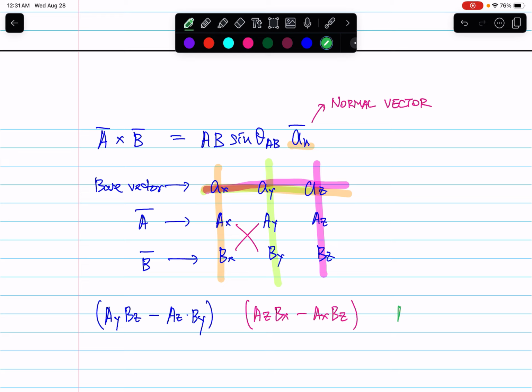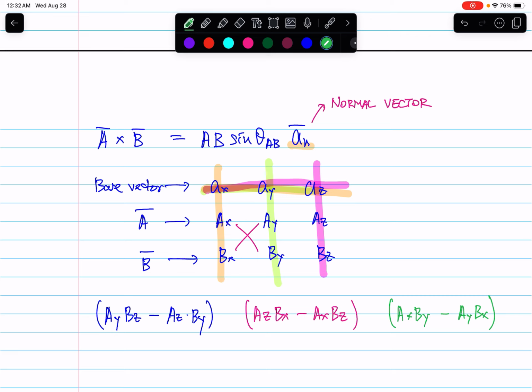So it'll be AX BY minus AY BX. Okay, so that's the third scalar that results.